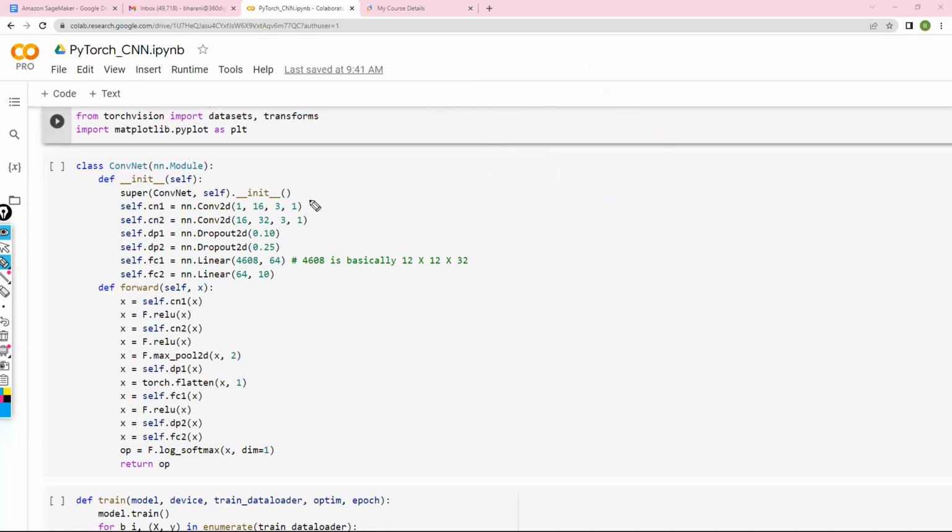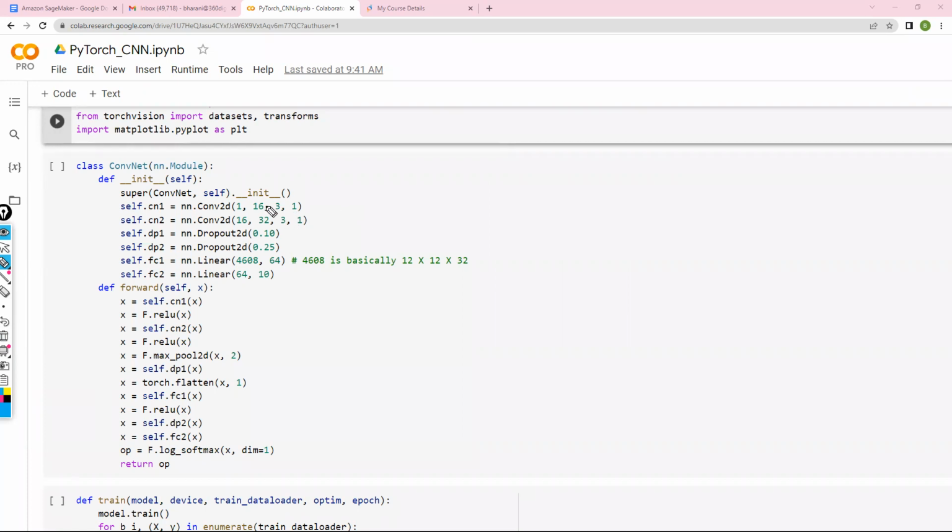You can also experiment with 5 by 5. And the number of channels in the output of the convolution layer is usually higher, or at least equal to the number of input channels.